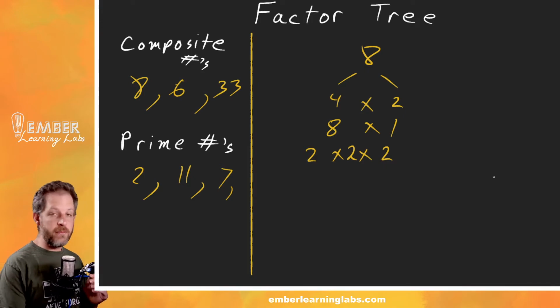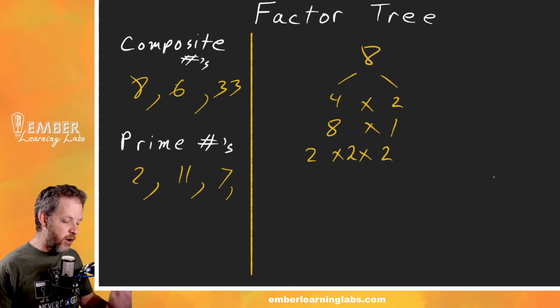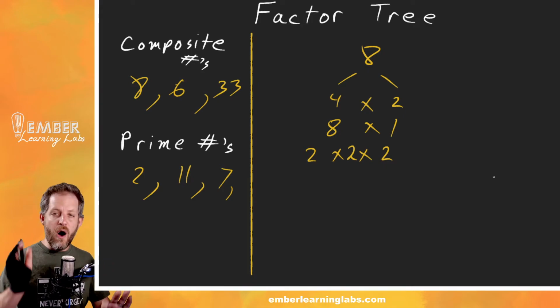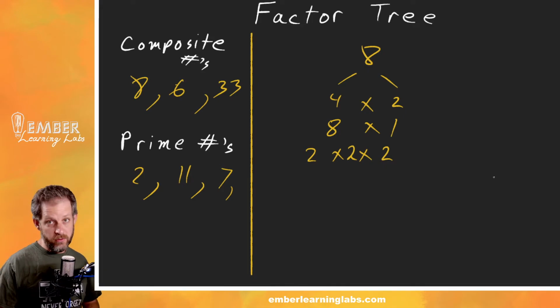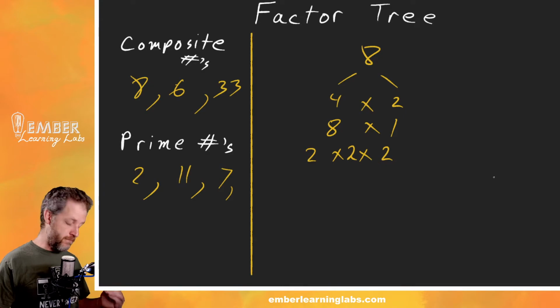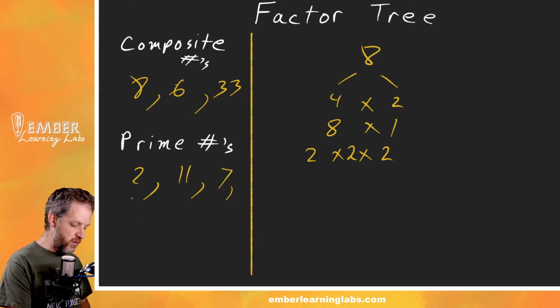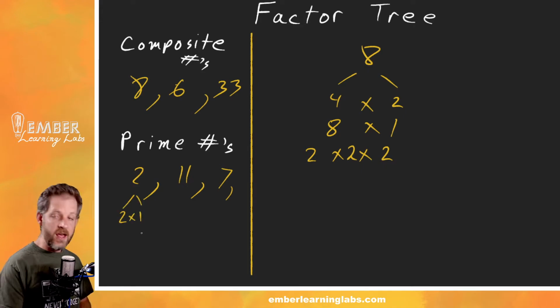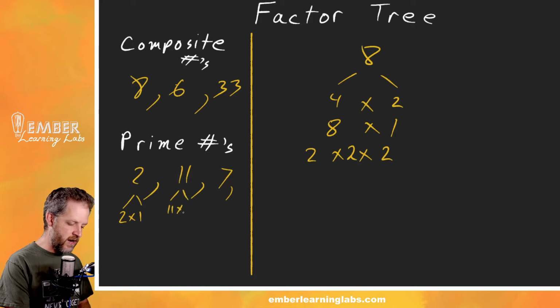Now, what makes a number a prime number is that the only factors of 2 are 2 times 1. The only factors of 11 are 11 times 1.